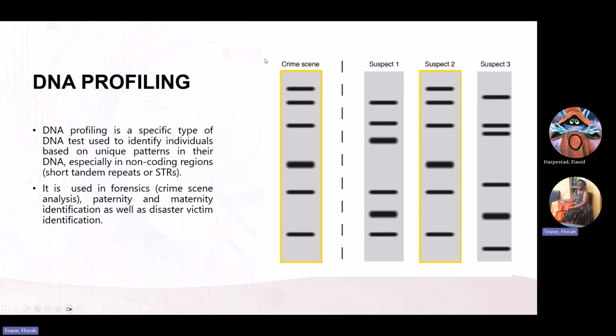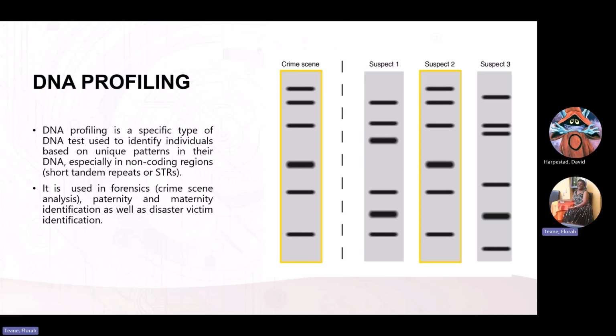You will see that the DNA from the semen, that is the crime scene, is similar to suspect number 2, which means that suspect number 2 is the one that committed this crime.